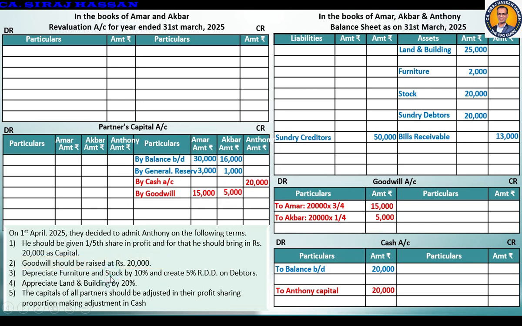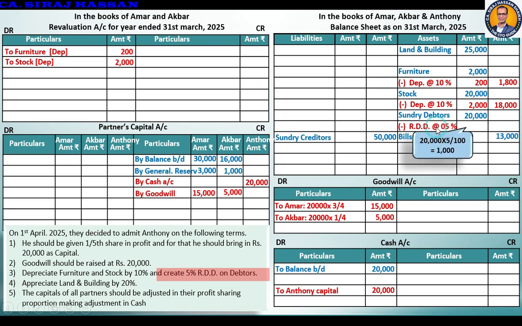Then let's go to the revaluation adjustments. Furniture depreciation by 10%. This is a loss which will go to the revaluation account debit side. Then we have stock depreciated by 10%. 2,000 is a loss which will go to the revaluation account debit side. Then we have got reserve for doubtful debts, 5% on debtors.